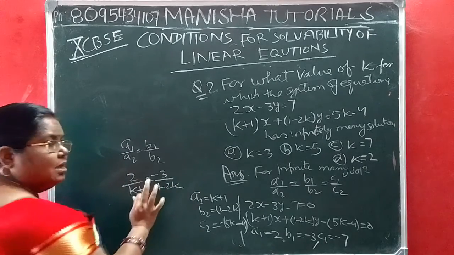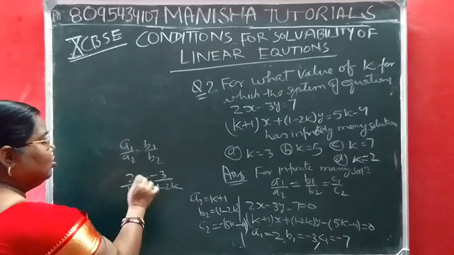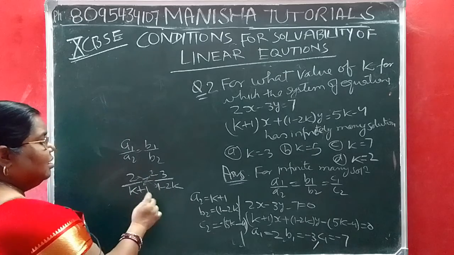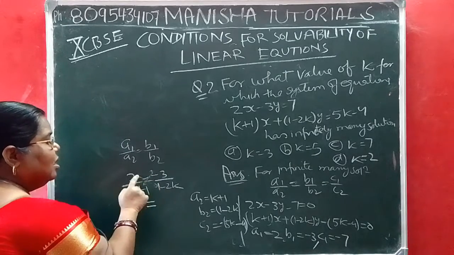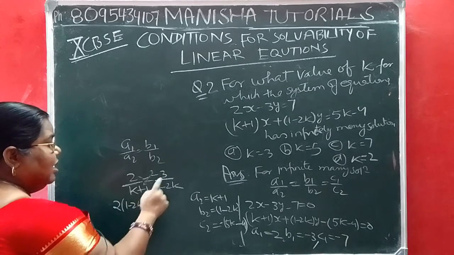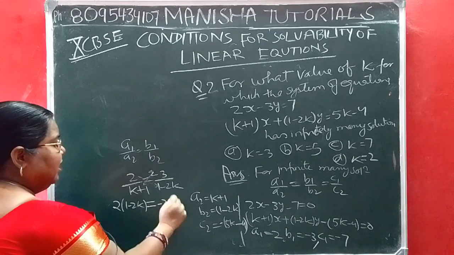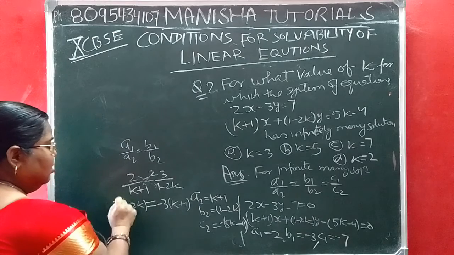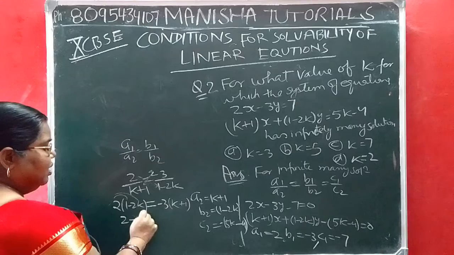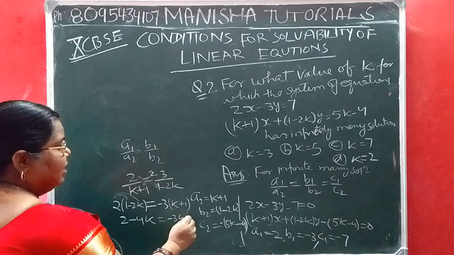Only one unknown, so we proceed with cross multiplication. 2 into (1 minus 2k) equals minus 3 into (k plus 1). Then 2 minus 4k equals minus 3k minus 3.